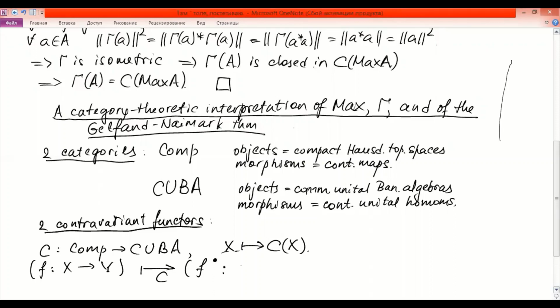It acts from C of Y to C of X as follows. It takes each continuous function g on Y to g composed with f.